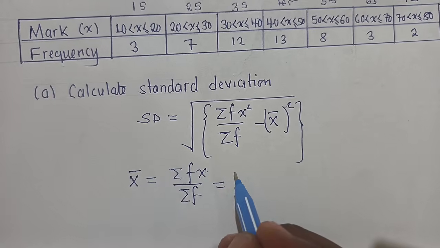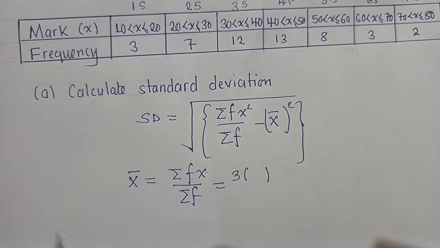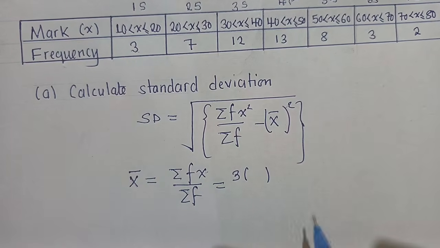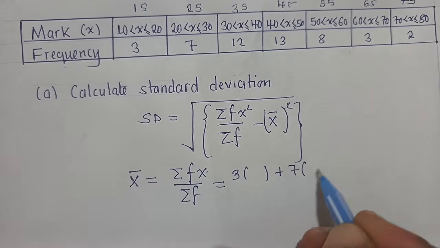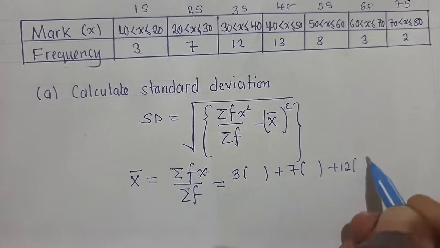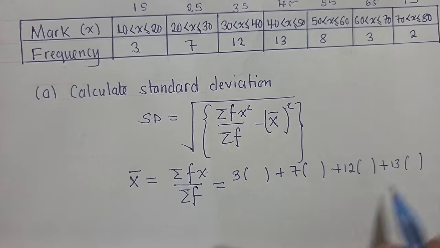So what we're going to do here is write the frequency. You see this frequency. I'm writing 7 here, open and close. I'll write a 12, open and close. I'll write 13, open and close.